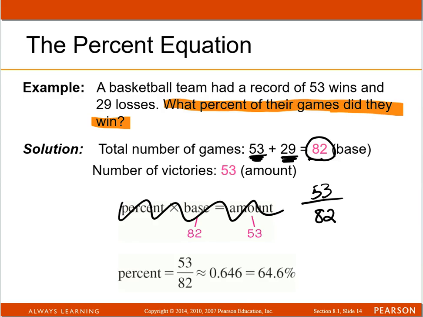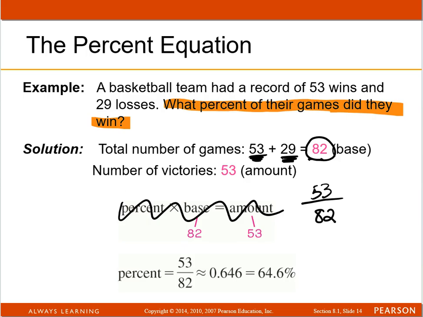It's out of 82 total games. So anything out of anything will convert it into a percentage. Just like a minute ago, I was talking about 640. 320 out of 640 is 1 out of 2. That's 1/2, 50%. So 53 out of 82 is 64.6%. And that's all you have to do on that.